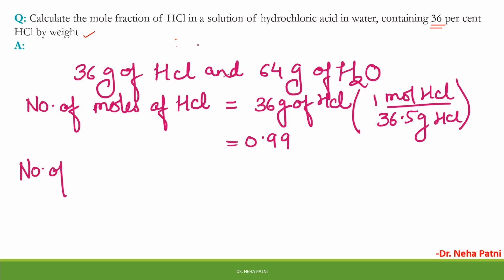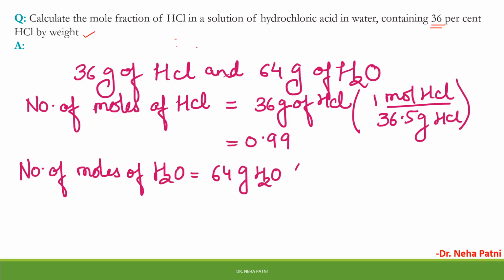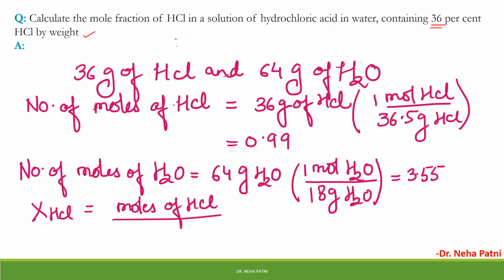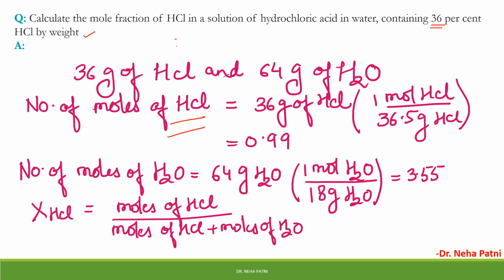So let's go ahead. Say we have 36 grams of HCl and 64 grams of water. You have to individually calculate the number of moles of HCl, which is 36 grams divided by molecular weight. This is what we learned in the previous video: if 36.5 grams of HCl is 1 mole of HCl, then how many moles would be there in 36 grams?